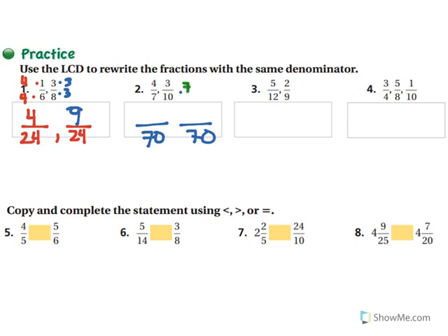I'm going to multiply both of these by 10. Okay, so I have 7 times 10 is 70, 4 times 10 is 40. Then I have 10 times 7 is 70, and 3 times 7 is 21. So our new fractions here are 40 over 70 and 21 over 70.